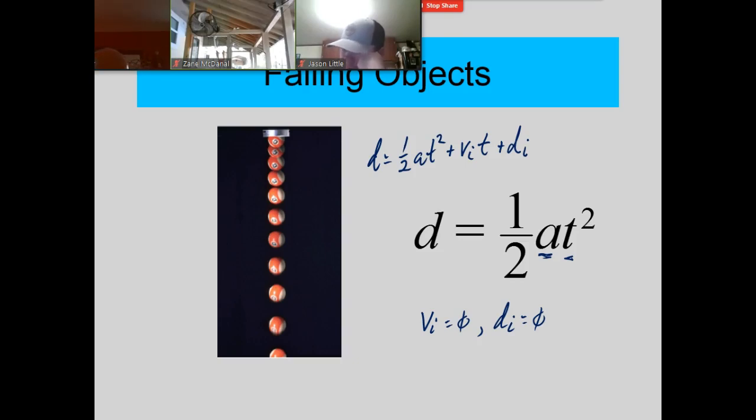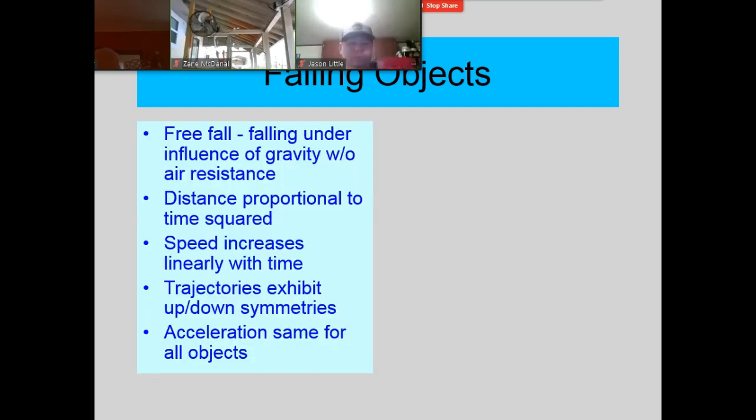There are a couple of figures in the book. I think they're going to show up on the slide. Let's see if they do. Okay. I think we'll get to them here. A little definition here. What do we mean by free fall? That means an object is falling under the influence of gravity alone. No air resistance.